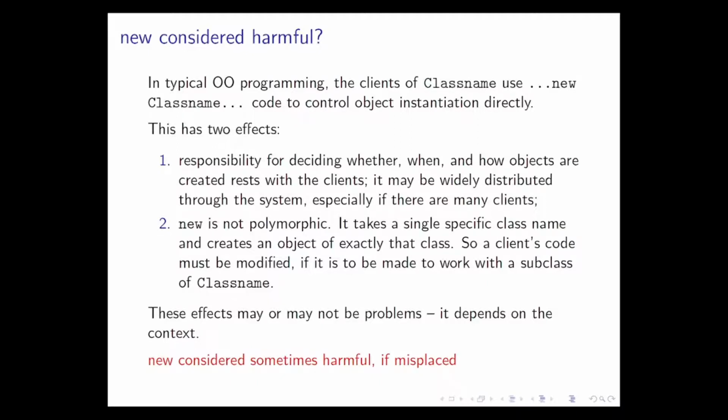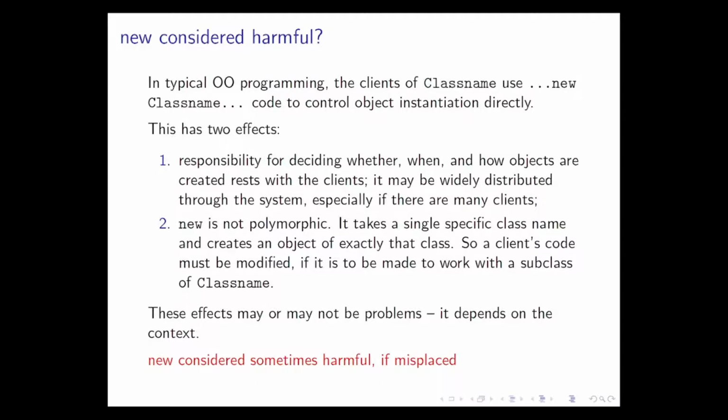It may well be that a client only wants to use that API and doesn't really care what specific object it is that is implementing that. Perhaps that's really a thing that ought to be decided as part of configuration of the system or even at runtime. But the client will still have this one special line in it where it goes new my specific class name. Okay.